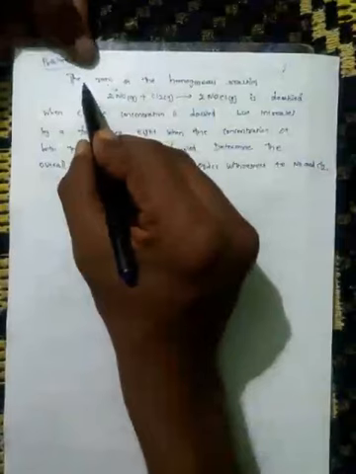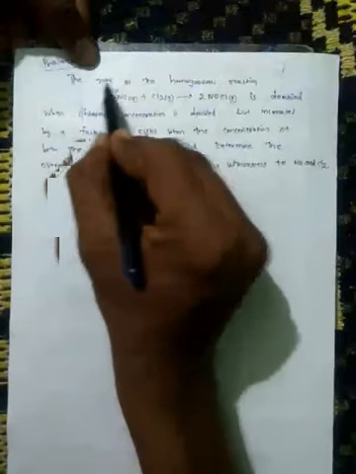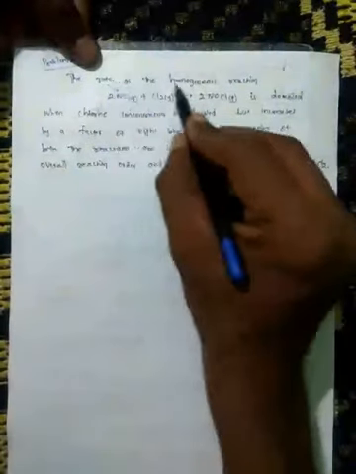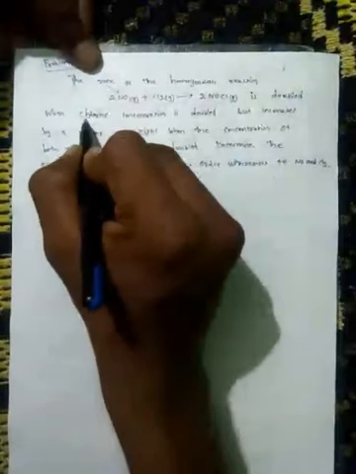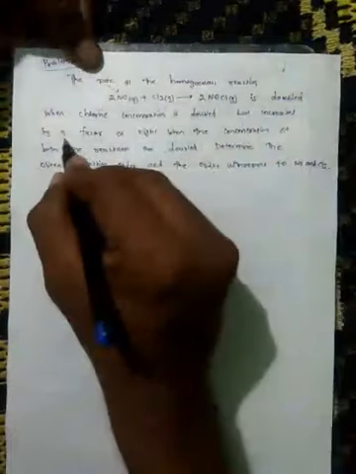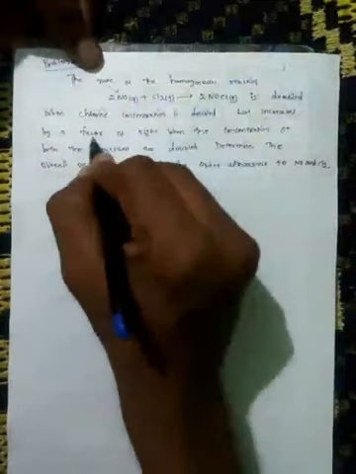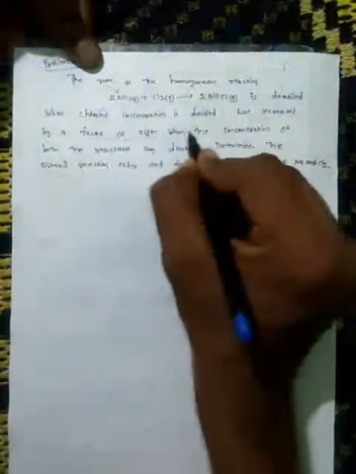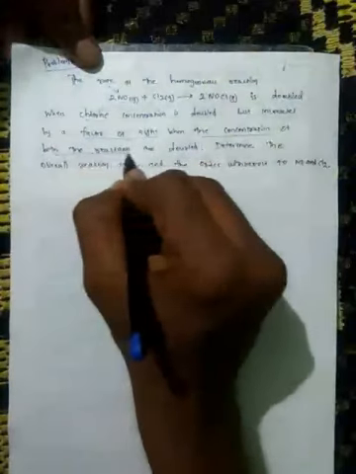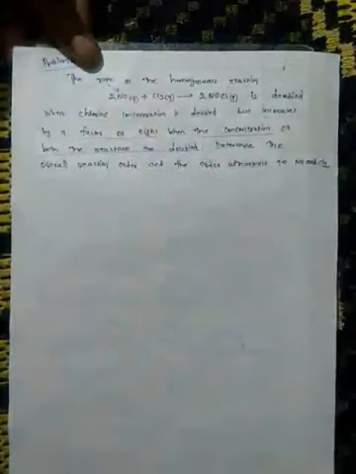Here, look at this problem. You are measuring the rate of this reaction. The problem is that the rate of the reaction is doubled when the chlorine concentration is doubled, but increases by a factor of 8 when the concentration of both the reactants is doubled.